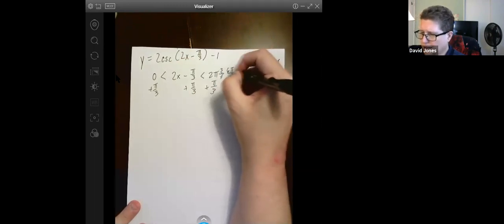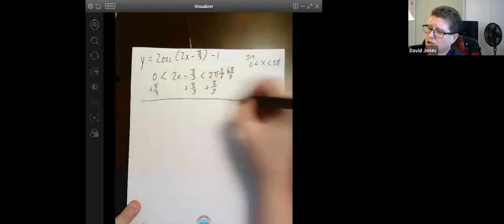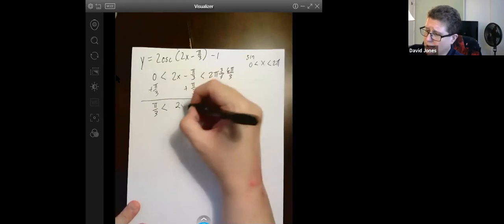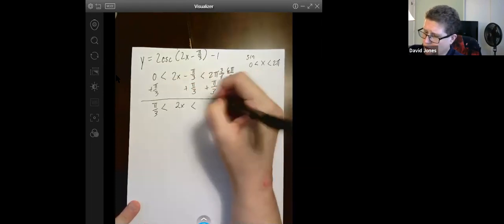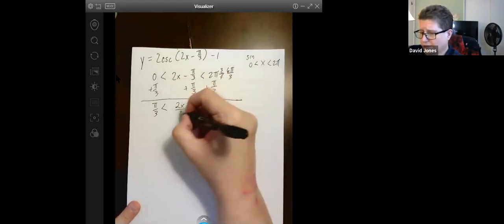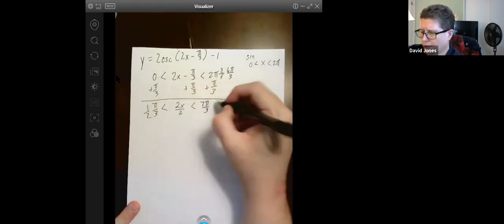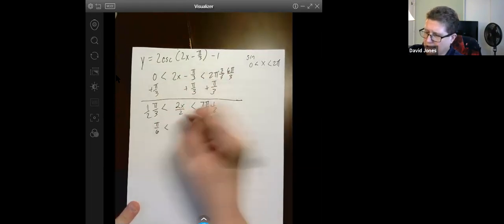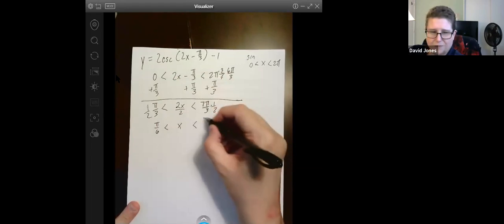This is 6 pi over 3. So that when I add it, I have pi over 3 is less than or equal to 2x is less than or equal to 7 pi over 3. Divide by 2 or multiply by 1/2, and we get pi over 6 is less than x, which is less than 7 pi over 6.